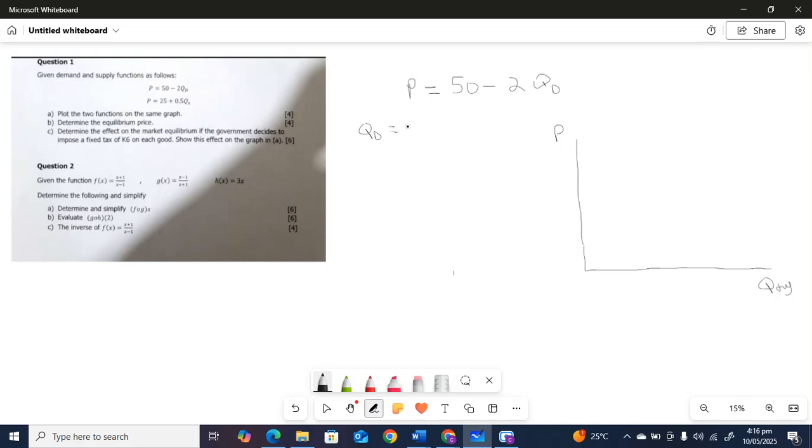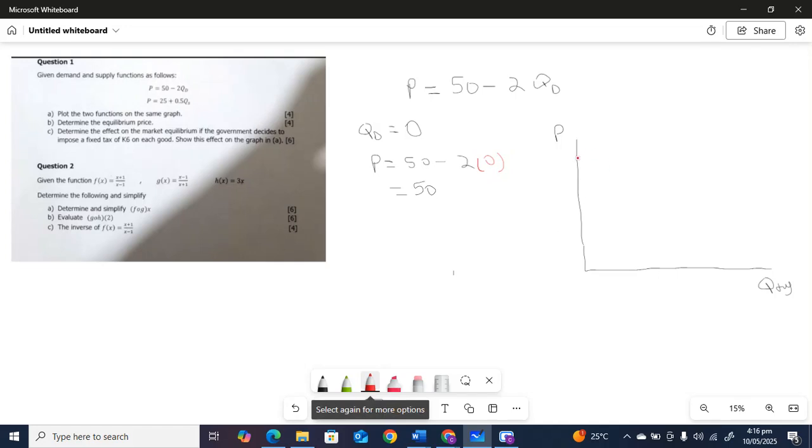If QD equals 0, you substitute this into the demand function. 2 times 0 is 0. 50 minus 0, P equals 50.